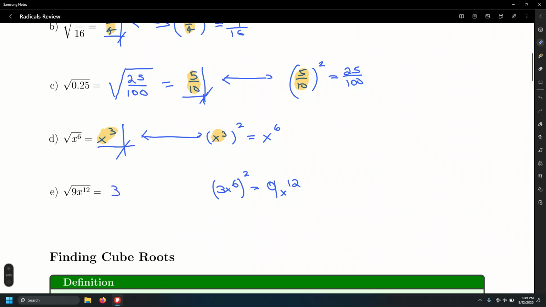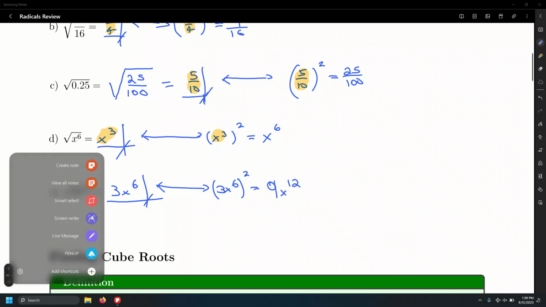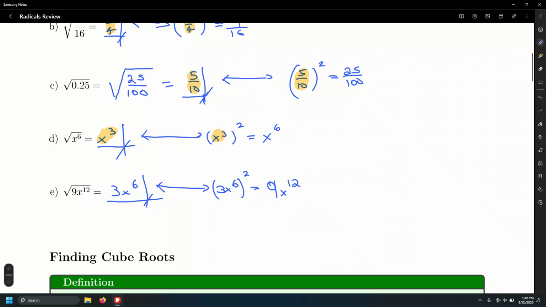I agree. 3x to the power of 6. All right, and again, that's because here the exponent 2 affects both the 3 and the power 6. 3 squared equals 9, and a power of another power, multiply the powers, that's 6 times 2, which equals 12. All right.